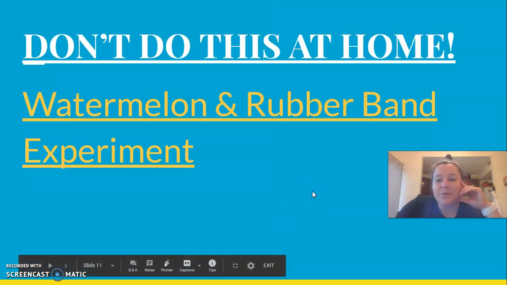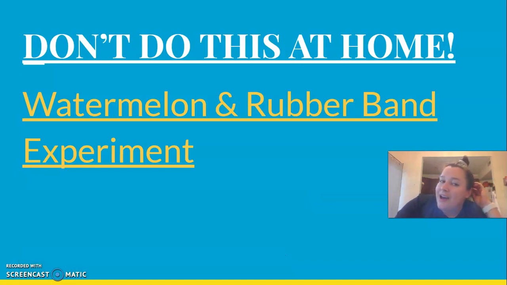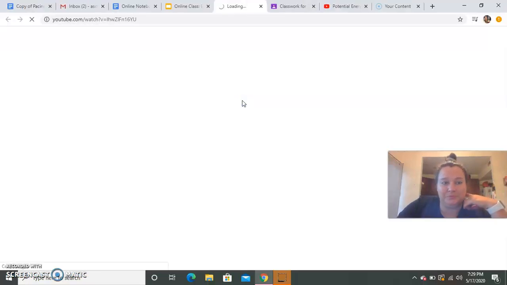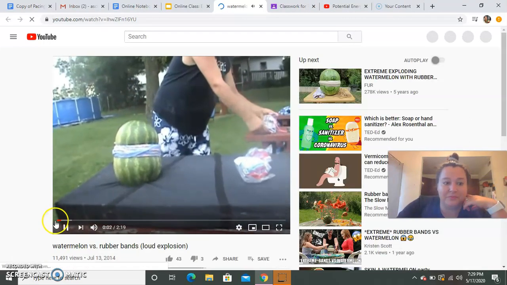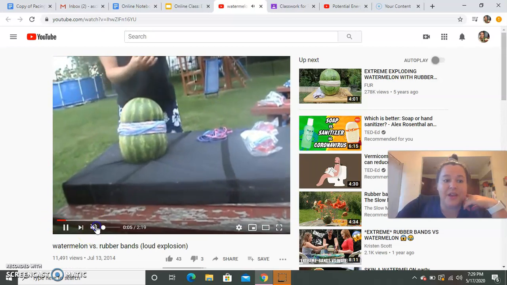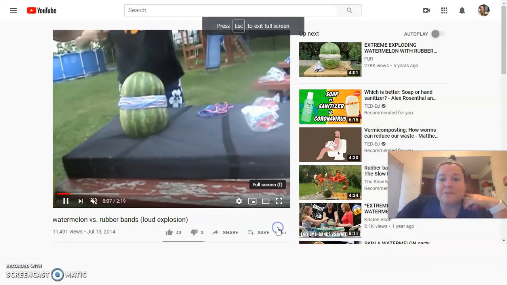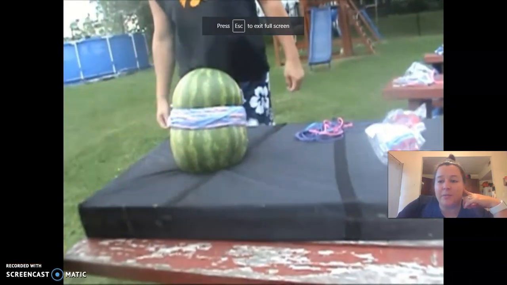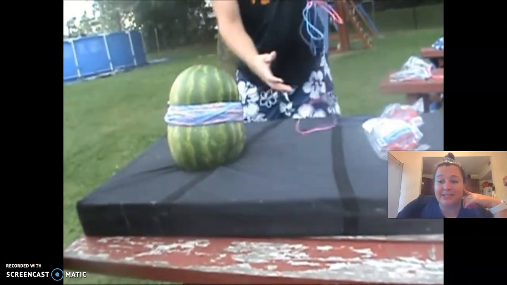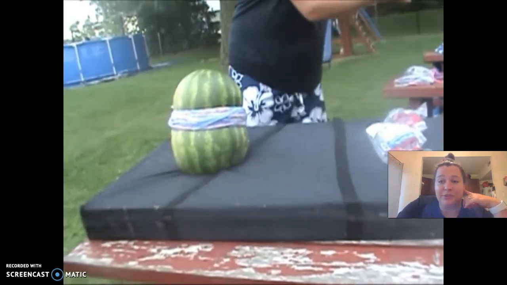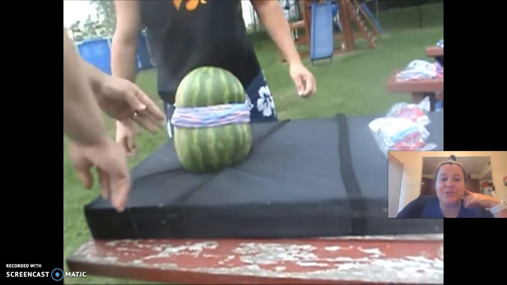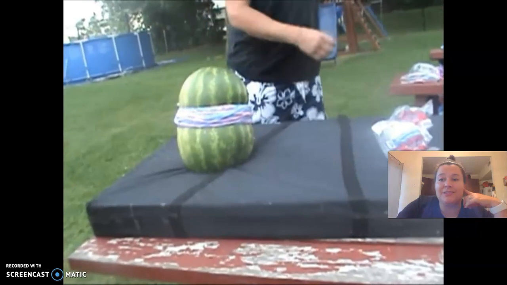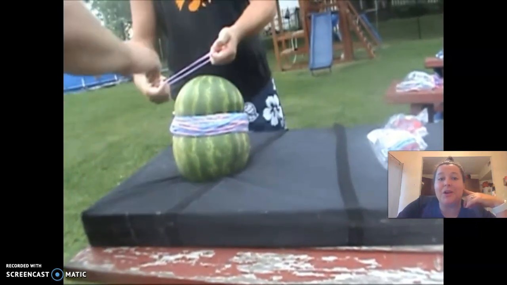All right, so really quick, I want to show you this really awesome experiment that was done. I do not recommend doing this at home. So what these people have done, they have taken a watermelon. They have placed rubber bands, which have, again, potential energy when you stretch them, around this watermelon. And they are just taking more and more rubber bands and putting them around the watermelon.